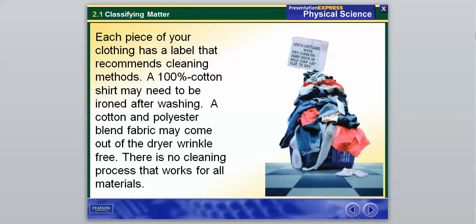This plays into the fact that your different clothing is made up of different types of materials, so they have different properties, and therefore we're not going to treat them all the same. In our natural world there is a lot of different stuff out there that has different properties that we're going to have to look at.